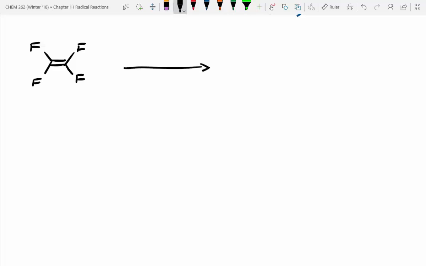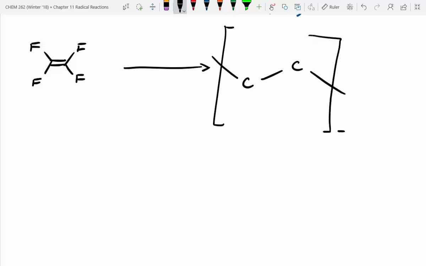So we've got this tetrafluoroethylene alkene. When we go ahead and we draw the polymer that's to be expected, it'll look like this, where it looks like polyethylene, but all of the hydrogens are now swapped out for fluorines. Oops, let me move this over.